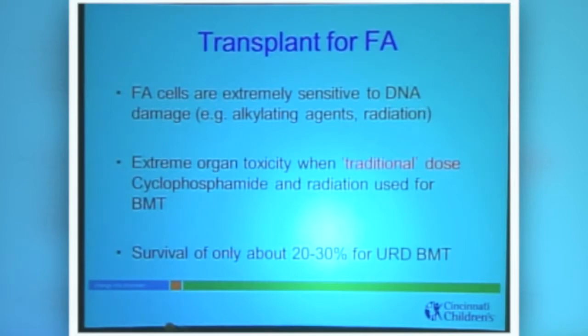The same group then went on and showed that they're also sensitive to radiation. So you cannot use 200 per kilo or 1200 of TBI in a patient with Fanconi anemia, which you can easily use in a patient who has ALL. For a long time, the survival was in the 20 to 30% range.